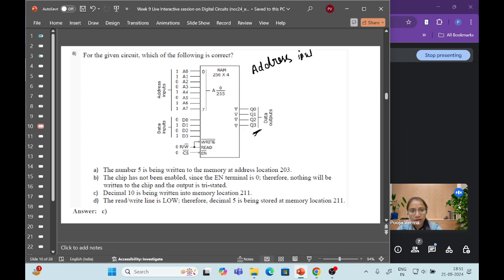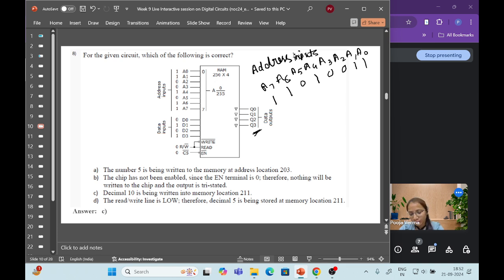So we can write A7, A6, A5, A4, A3, A2, A1 and A0. Here it is already given. So what are the values? 1, 1, 0, 1, 0, 0, 1, 1.